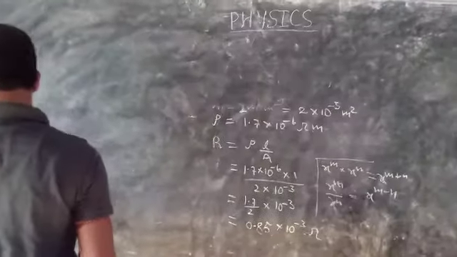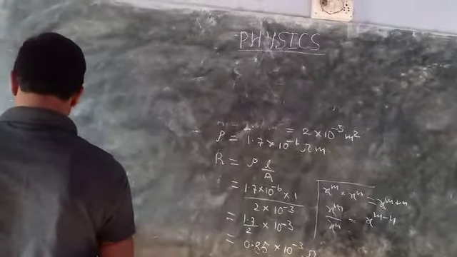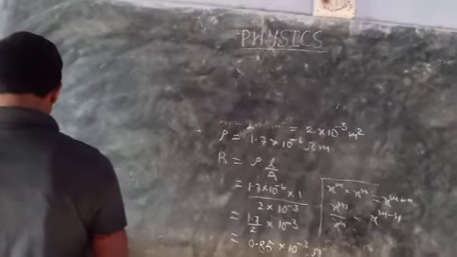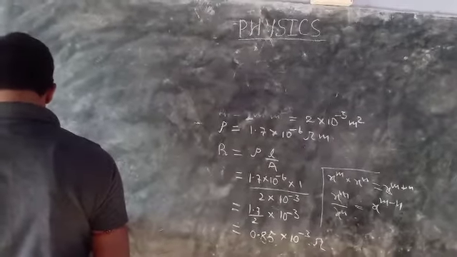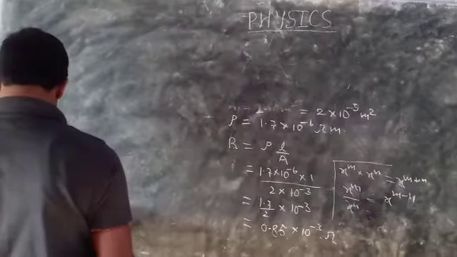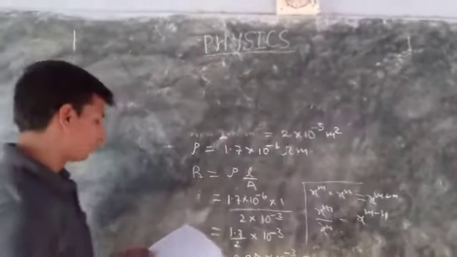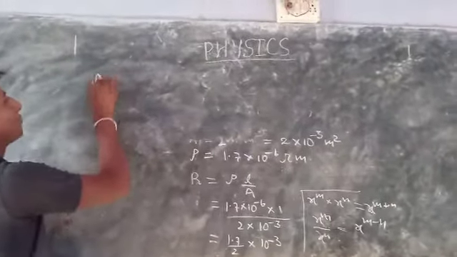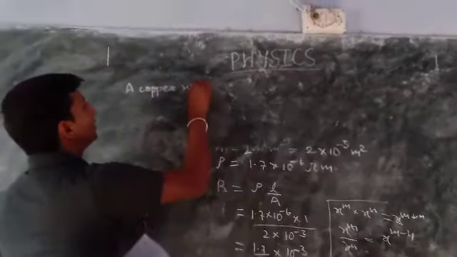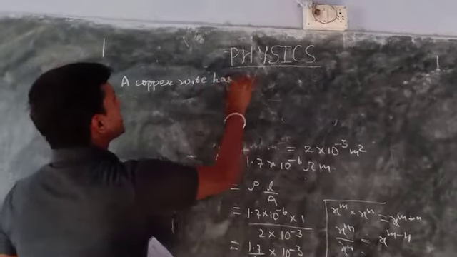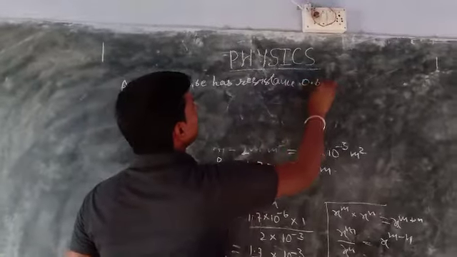The next problem is: a copper wire has resistance 0.6 ohm.